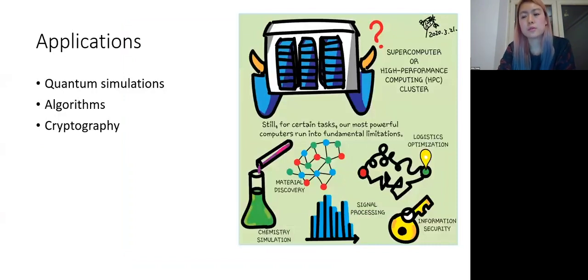And there are also problems such as logistics or signal processing or security that are fundamentally classical, but with our advancement in quantum algorithms, they can also help solve some problems in those areas, even though they may not be themselves quantum mechanical. I will later dive into more of the specific applications.